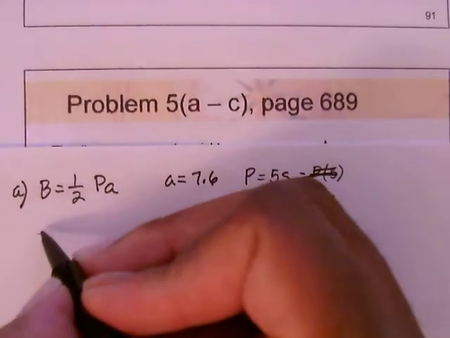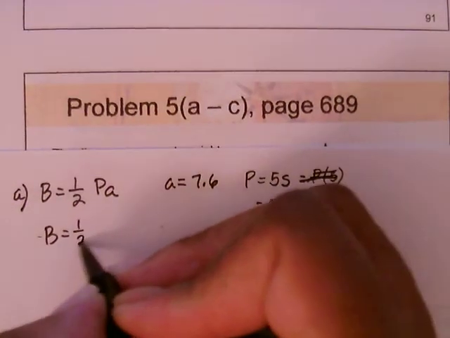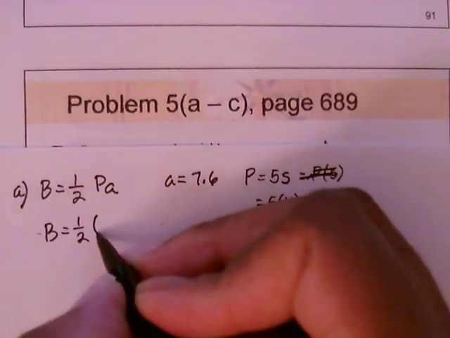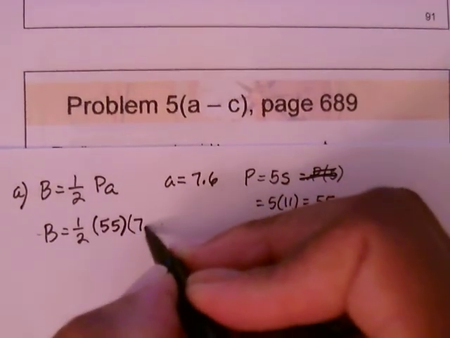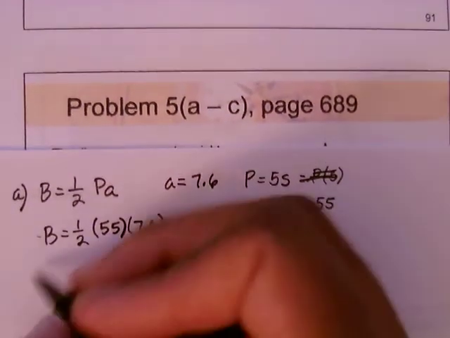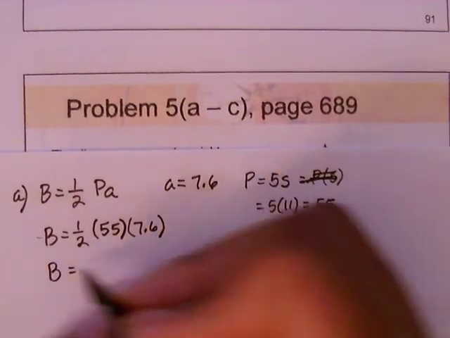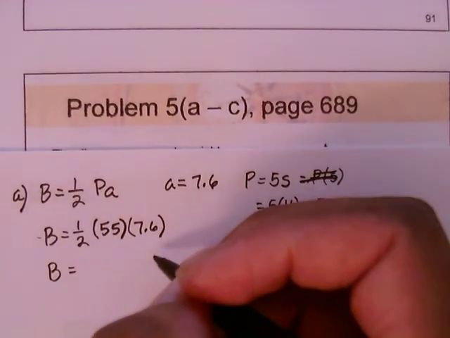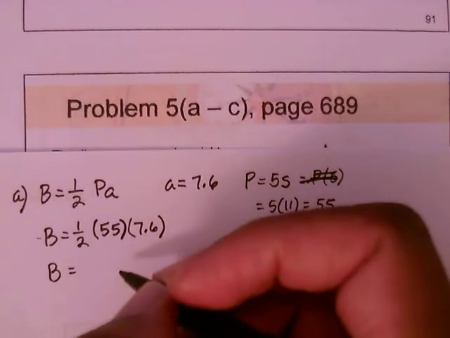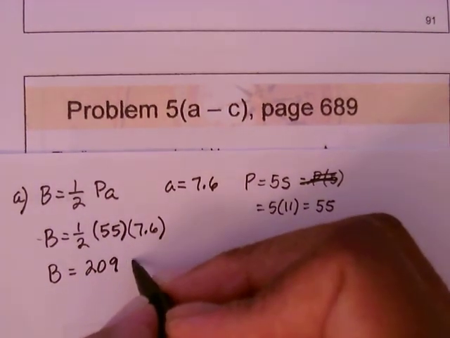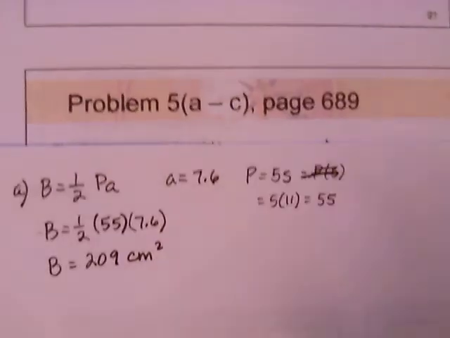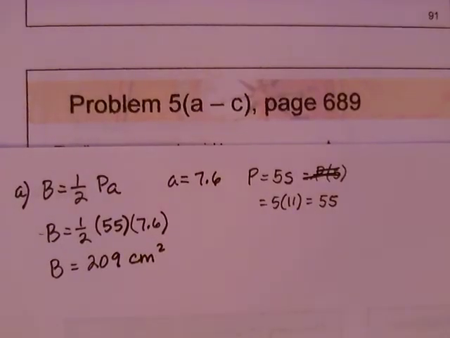So the base there would be 1/2 your P, which is 55, times the apothem, which is 7.6. So 1/2 of 55 times 7.6 would be 209. And that's in square centimeters. So that's the answer to part A.